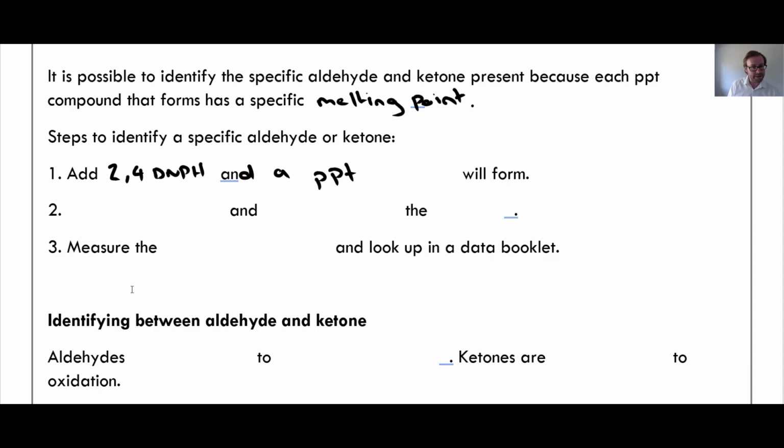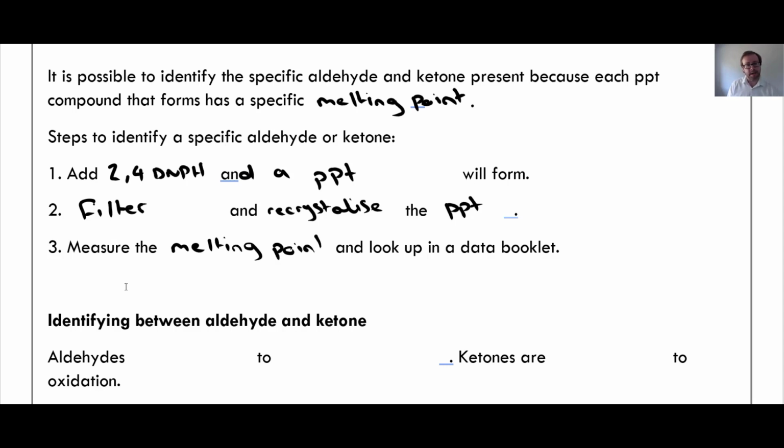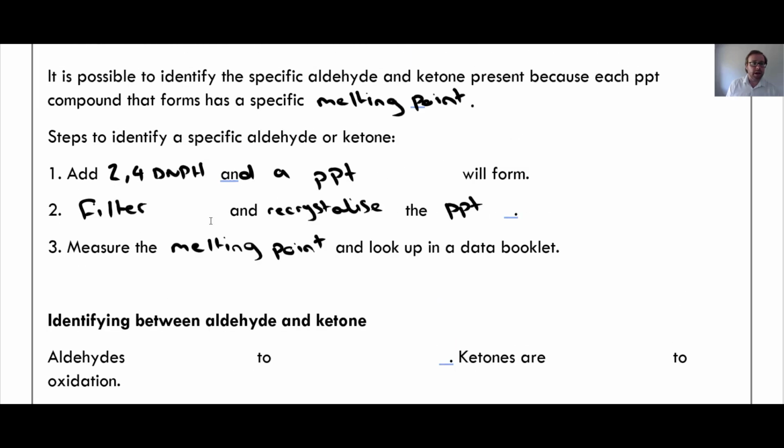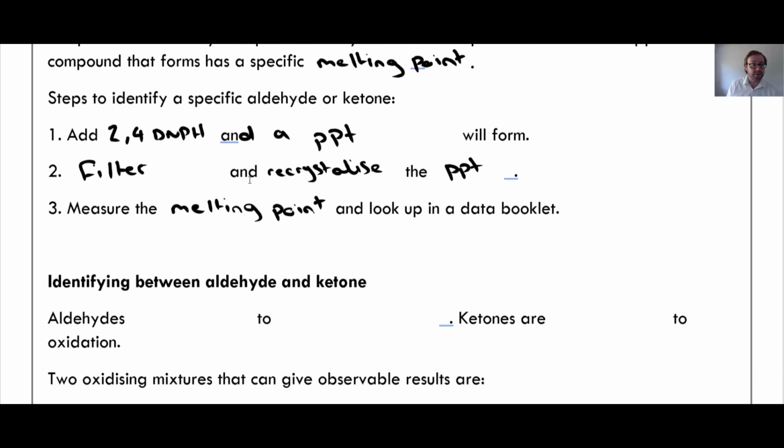We can then filter and recrystallize the precipitate, which purifies it, and then we can measure the melting point and look it up in a data booklet, and it will give us the name of the aldehyde or ketone. So this method can identify a specific aldehyde or ketone.